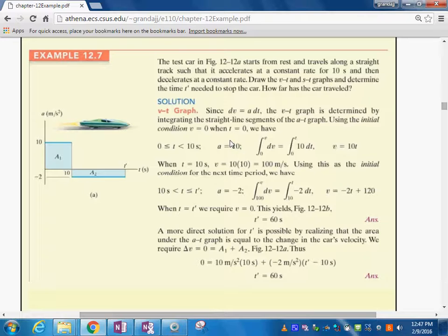And using this as the initial condition for the next period, you have that if a is equal to -2, the integral between 0 and 100 is -2, and the velocity is minus 2t plus 120.